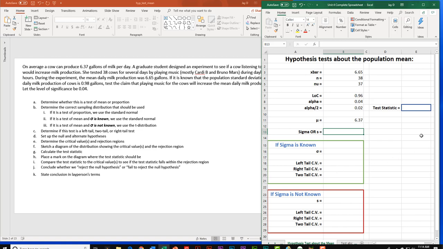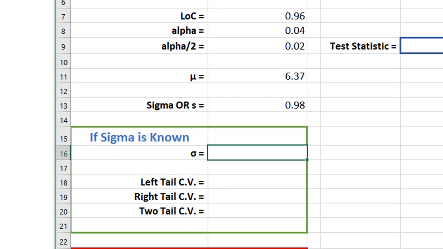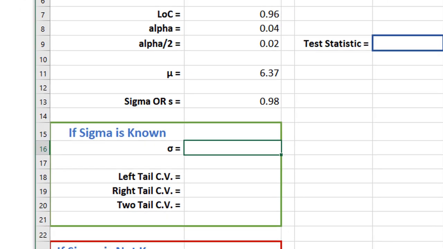So for this one, sigma is 0.98. If it's a sigma, I'm just going to do a direct cell reference. It's just going to equal whatever I have where I put sigma or S. My left tail critical value, if sigma is known, we know that the correct sampling distribution for this type of problem is the standard normal because it's a test of means and sigma is known.